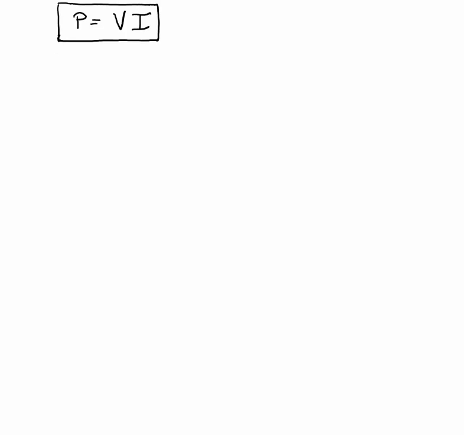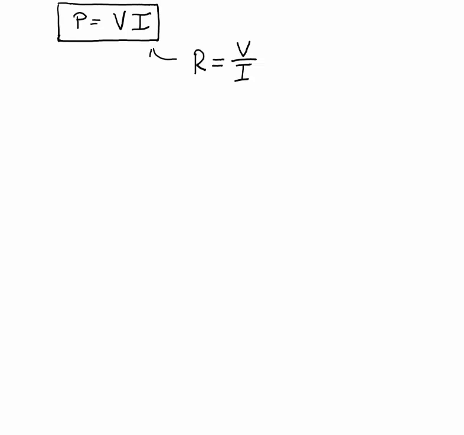We can do another nifty thing here, just to find a couple of other expressions that might be useful. We know from our work with resistance that resistance R equals the voltage, or the potential difference, over I. So a resistor of resistance R with a potential difference applied across it of V, and you'll see a current I moving through there.